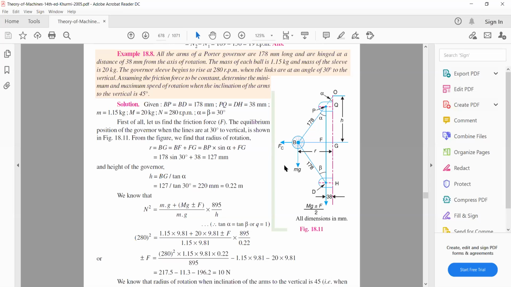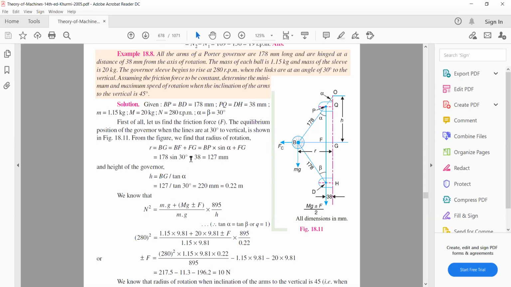Already known: the centrifugal force, the fly ball mass and the sleeve mass. FC is represented, small mg is there, and capital Mg plus or minus f by 2 is also here.